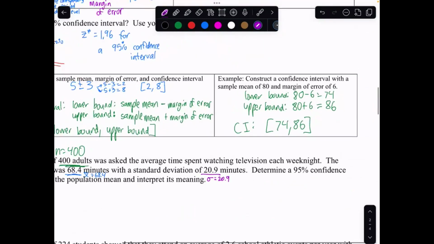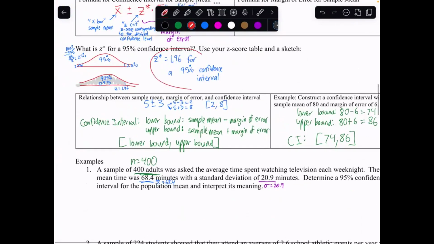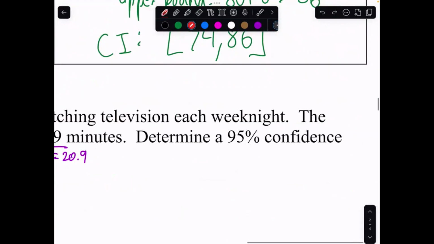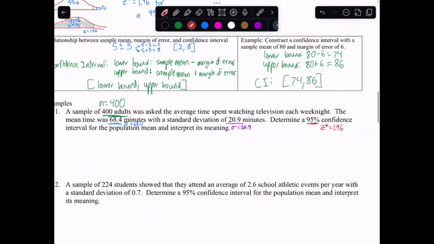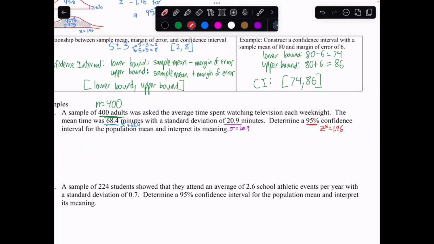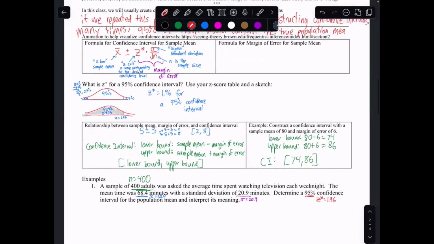Okay, and then determine a 95% confidence interval. So like we said above, for a 95% confidence interval, we use z crit equals 1.96. Okay, so we have everything we need now.